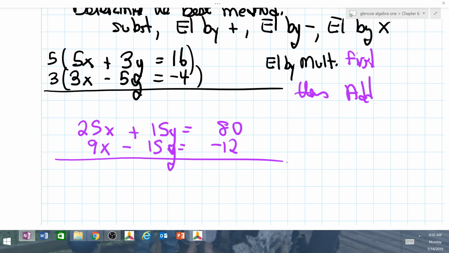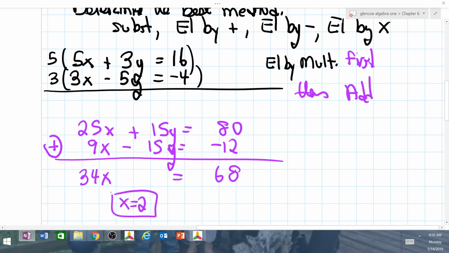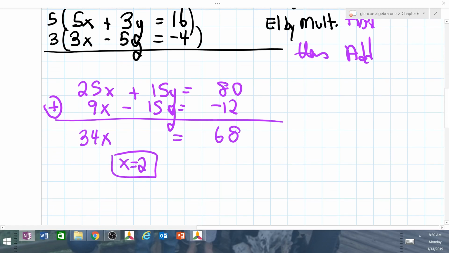Yes. 9, negative 15y, negative 12. Remember, when you're finding the other variable, just plug it into the original equation, not one of the ones you multiplied, in case you made a mistake in your multiplication.